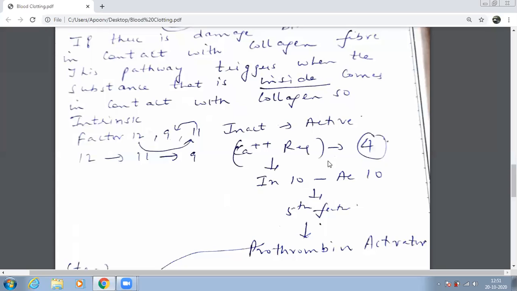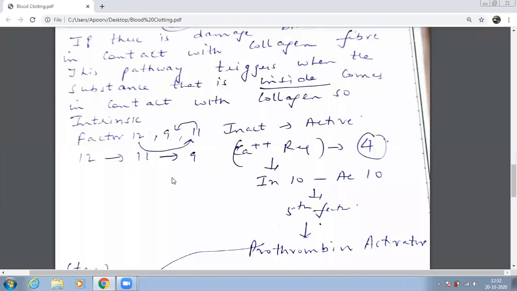Just remember that the fourth factor is very important. Whenever I say fourth factor, I mean calcium ions. Is it okay, children? Fourth factor is calcium ions. Only this one factor is important for you. The presence of the fourth factor is very important.